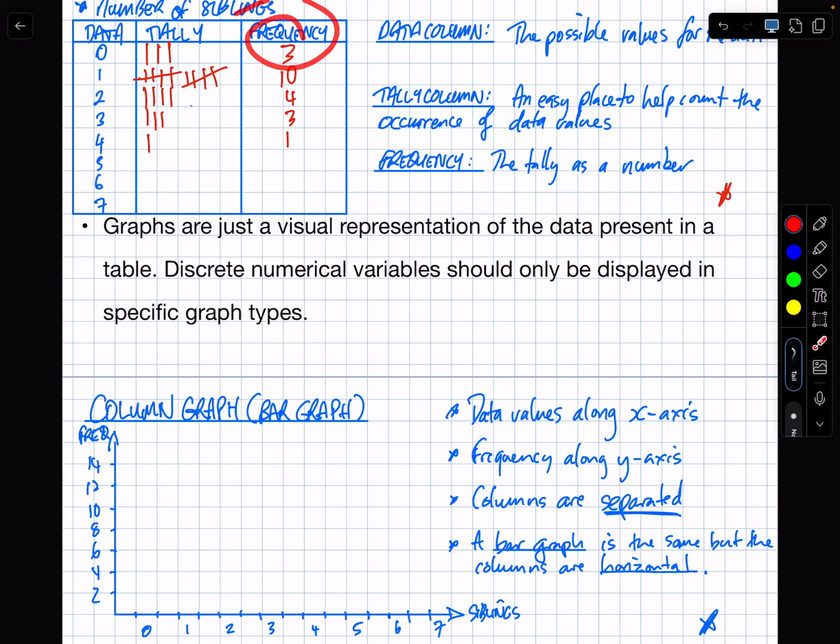What frequency did we get for 0 kids in this class? How many people had 0 siblings? 3. So if I was doing a bar graph of this, I would draw a column going up to 3. How many people had 1 sibling in the data table?